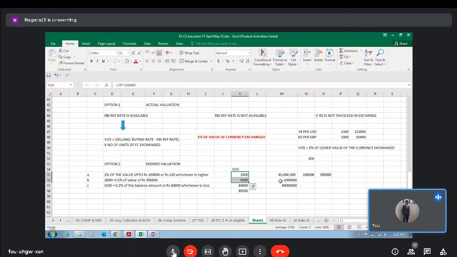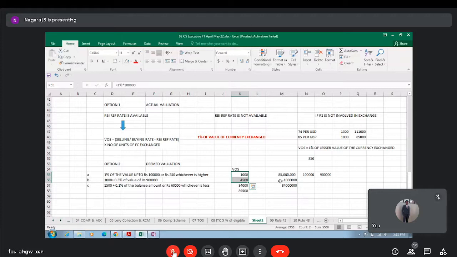That is 84,000, or rupees 60,000, whichever is less. Total: 84,000, 4,500 and 1,000. Total put together 89,500 or rupees 60,000, which is the least one. 60,000 will be the value of supply.